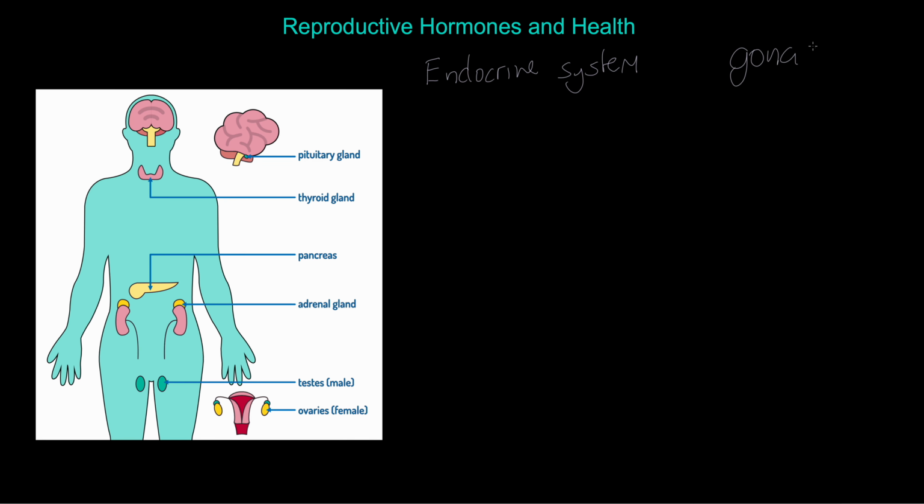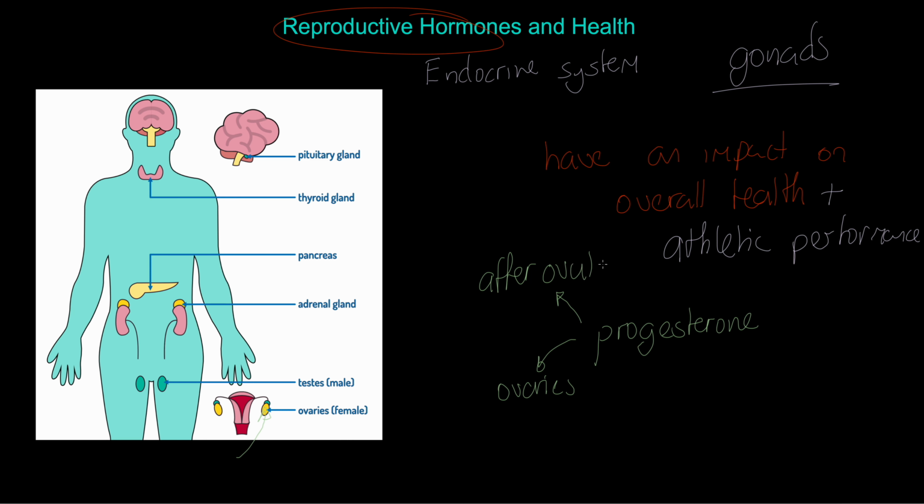So it's produced in the ovaries, which we see here, after ovulation. But it is in particularly high levels in the first 10 weeks of pregnancy. So a pregnant female will have high progesterone levels in their system.